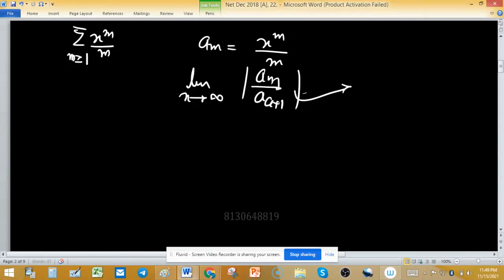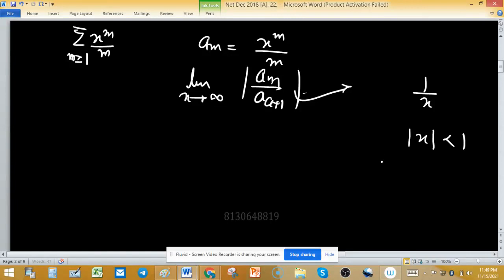If we do not take the mod of this expression, you may be misled, because if the expression we obtain is 1 upon x, and mod x is less than 1, then 1 upon x will fail when x is negative.